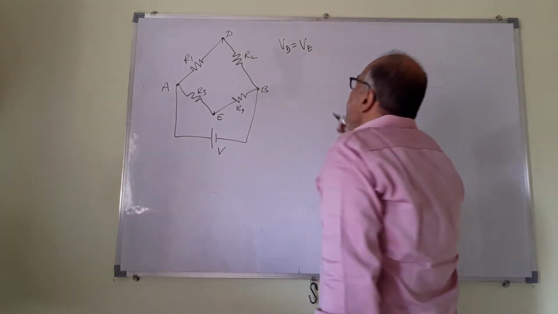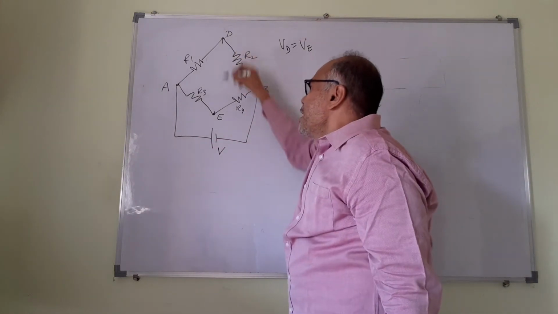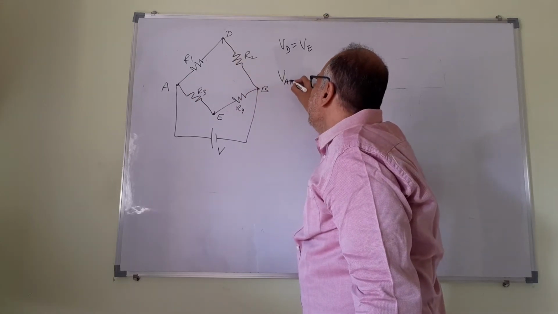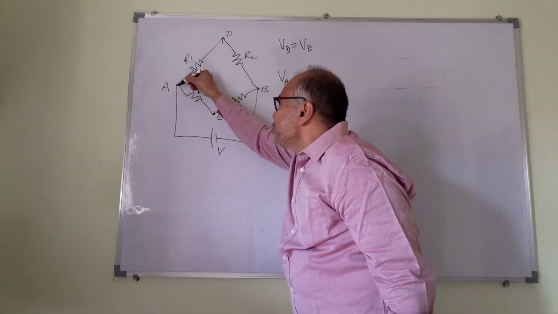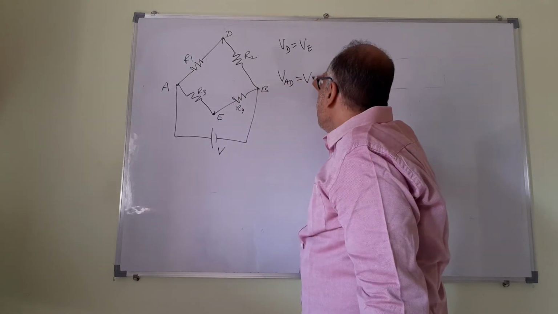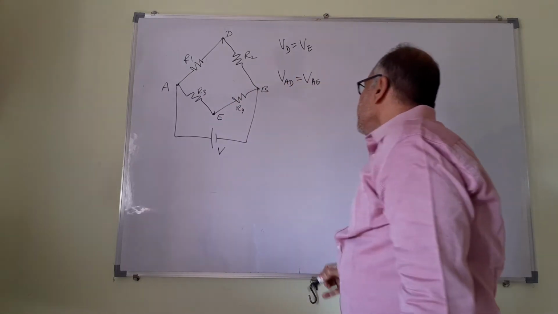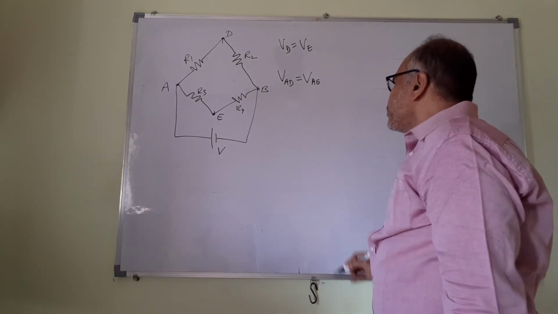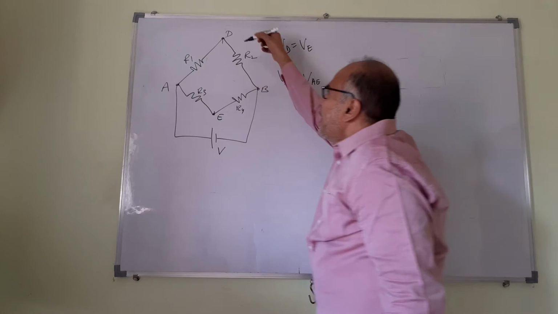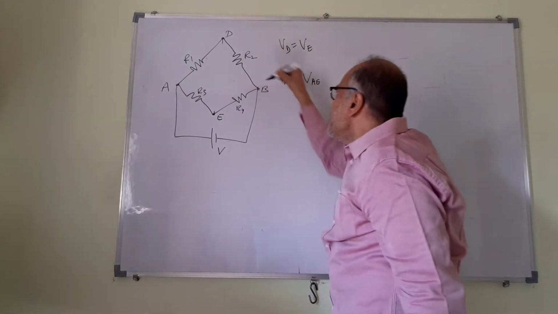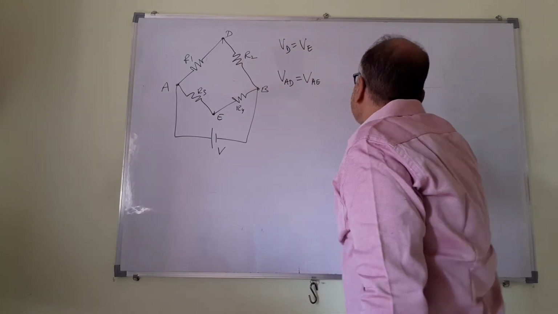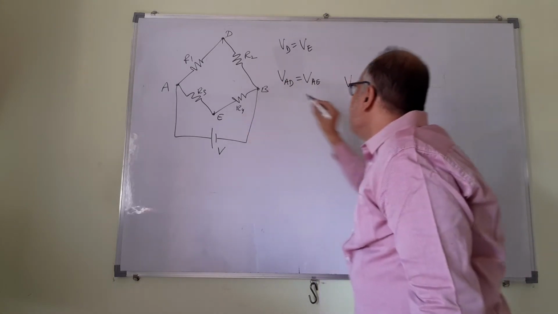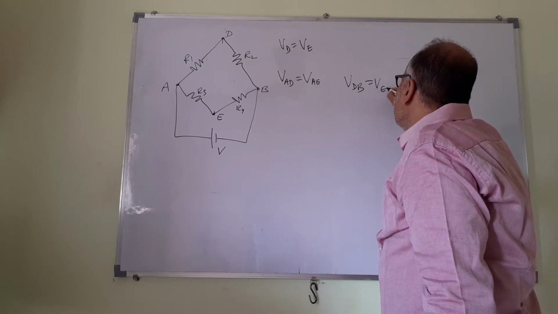Now, if VD is equal to VE, I can say the potential difference across A and D, VAD, should be equal to the potential difference across A and E, VAE. And I can also say the potential difference across D and B, VDB, will be equal to the potential difference across E and B, VEB.